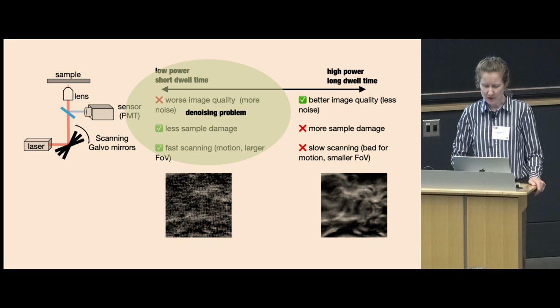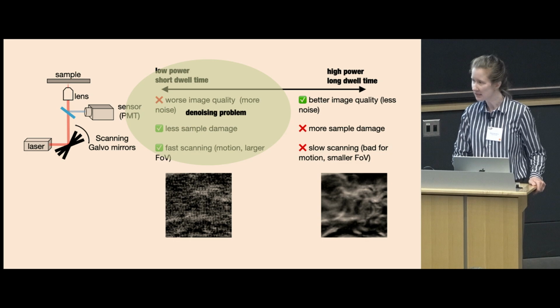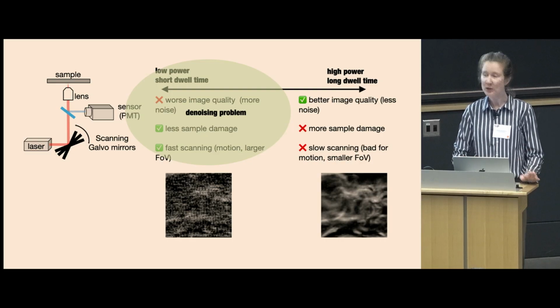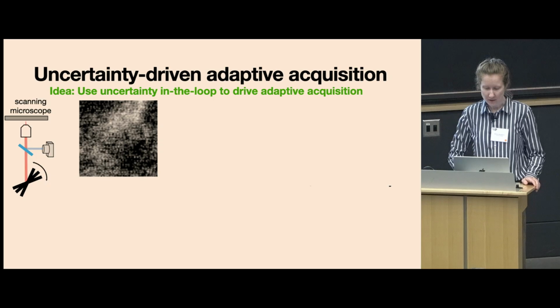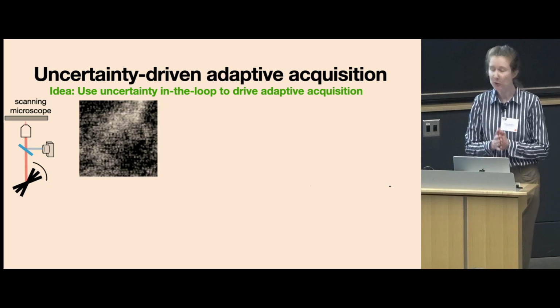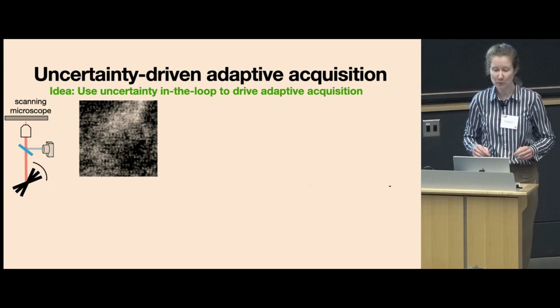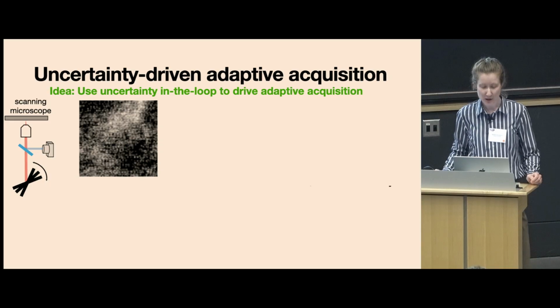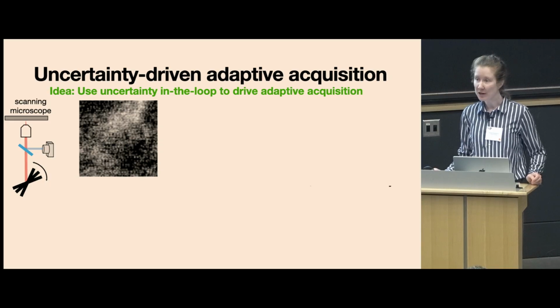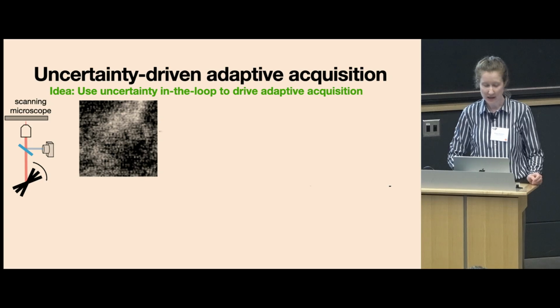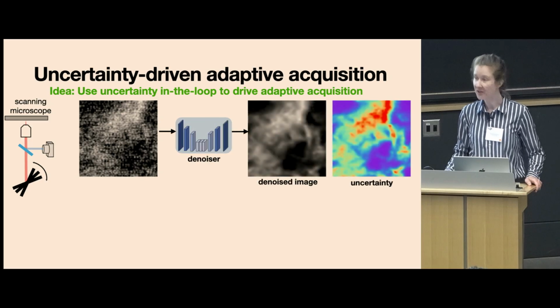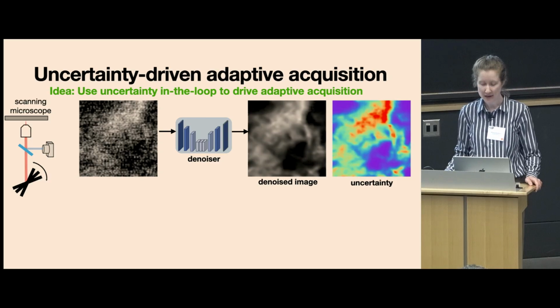Moreover, we say, okay, let's actually try to use uncertainty in this setting to show us how we should resample the sample. Okay, so this is our idea. We want to use uncertainty in the loop for adaptive acquisition in microscopy. So we have a scanning microscope. We take one very quick, noisy scan. Then we're going to run this through our denoiser, which will also predict the uncertainty at each pixel.